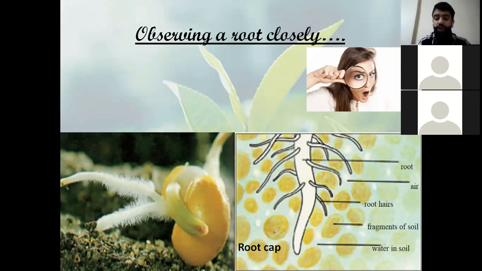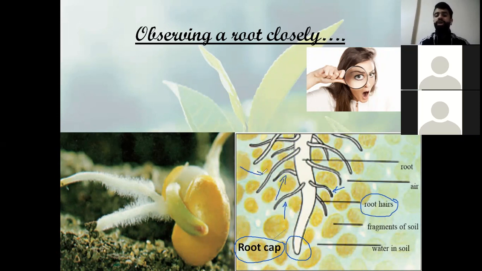The first part is called the root cap. This is the root cap at the end of the roots. However, we have another important part, called the root hairs. These root hairs have a hair-like structure.